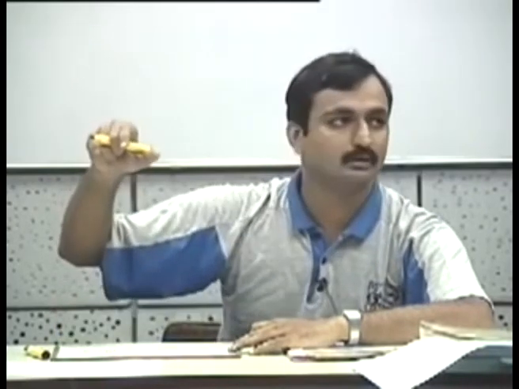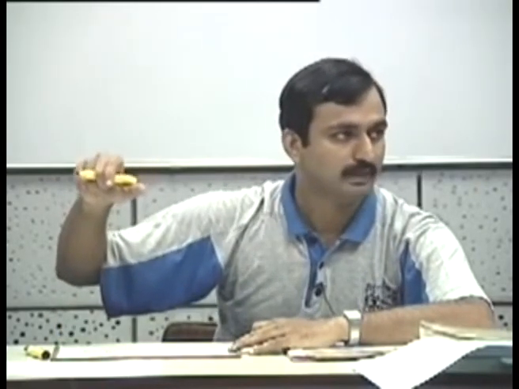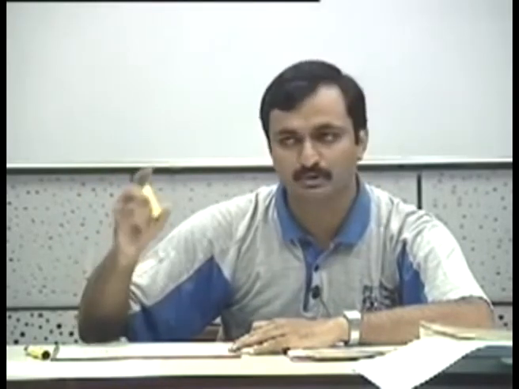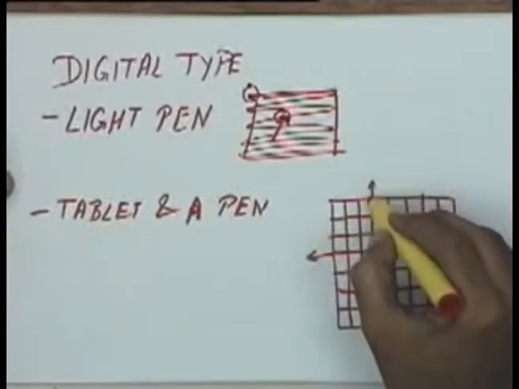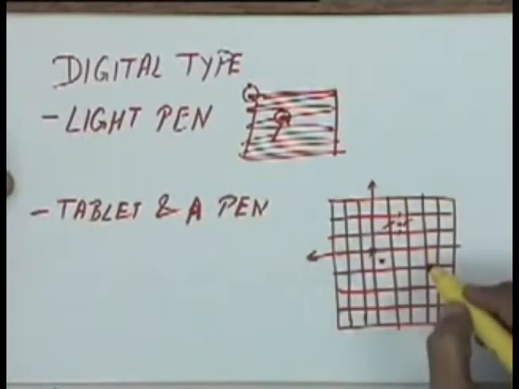That will not happen in the case of a tablet. In the case of a tablet, even if you lift up the pen and take it back to the same location, you will still get the same location on the screen. The reason is that we are sensing the intensity signal at each of these wires.